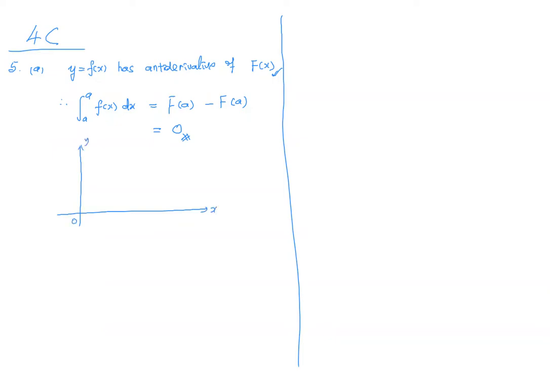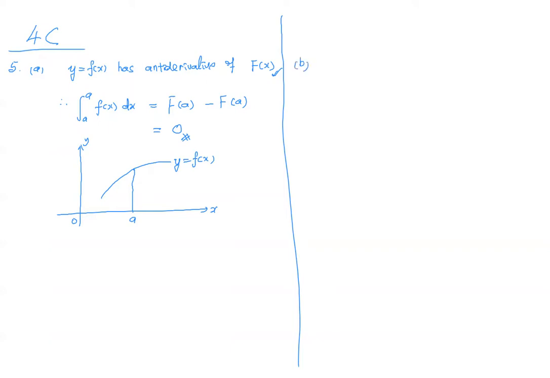So you just draw, up to you how you want to draw the graph. Okay, y equal to f(x). So you just draw a straight line like that, from a to a. So this is called graphically. This is called using the fundamental theorem. Got it?